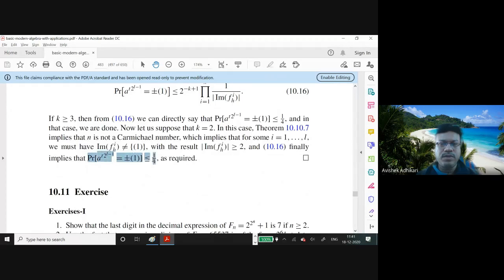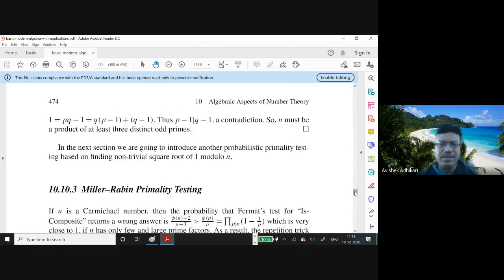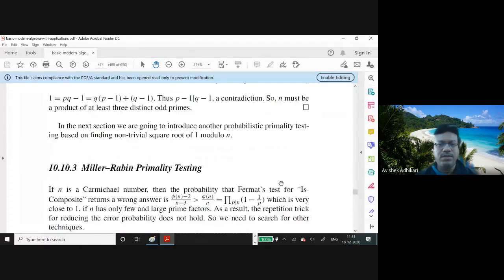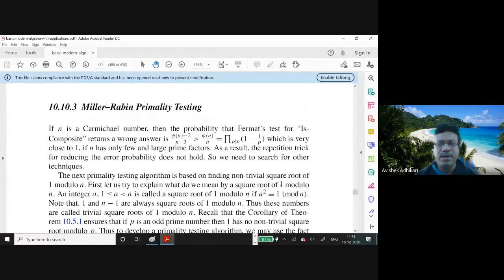What we have proved is that it is less than 1/4, so you can say it's also less than half. You don't need to read all the details about the proofs, but it's sufficient to have the algorithm. That's there in our syllabus. So that's the Miller-Rabin primality testing algorithm. But if you are interested, you can have a look at how the progress happened.